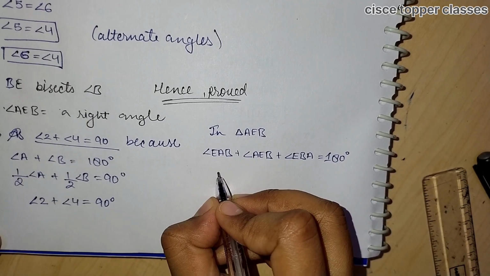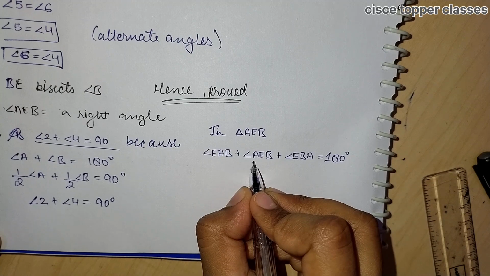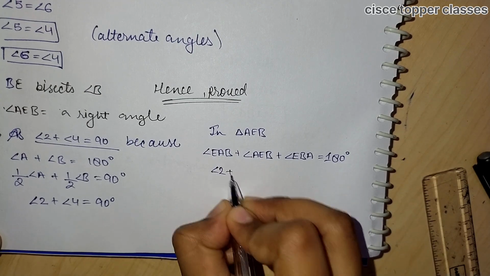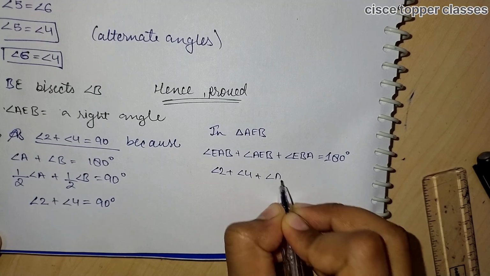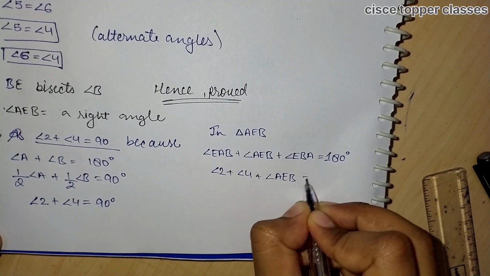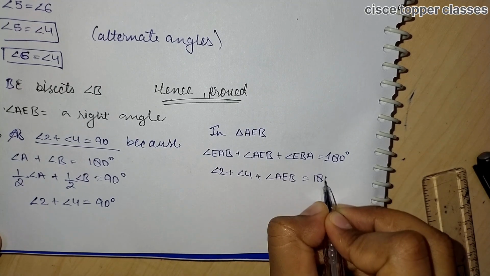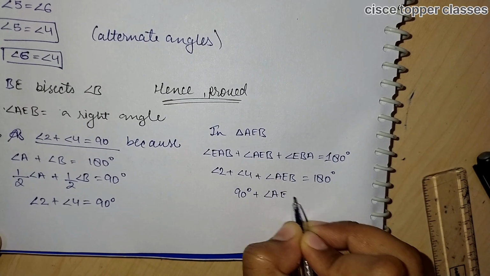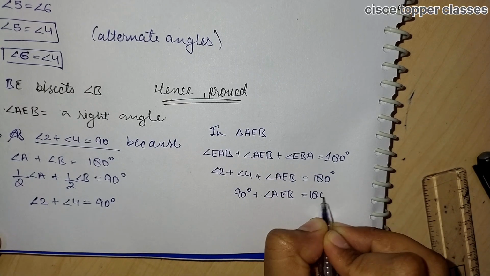So angle EAB plus angle EBA, we can write as angle 2 plus angle 4, plus angle AEB. As the sum of angle 2 plus angle 4 is 90 degrees, we can write 90 degrees plus angle AEB equal to 180 degrees.